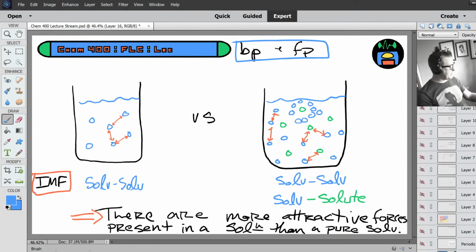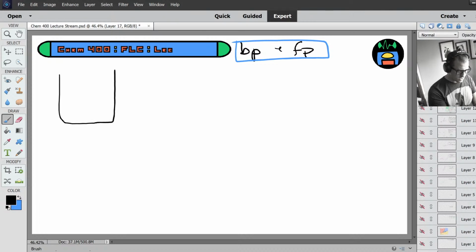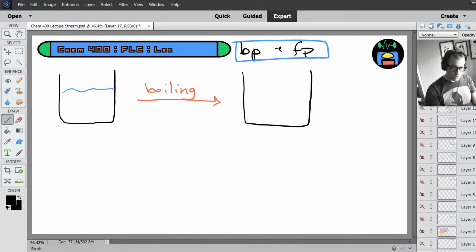When you think about the process of boiling, for example, taking a pure solvent through the phase transition of boiling, this process will destroy all the solvent-solvent interactions, because you're going from a liquid where the matter is relatively dense, bumping up against each other, to a gas where they're all separated out.